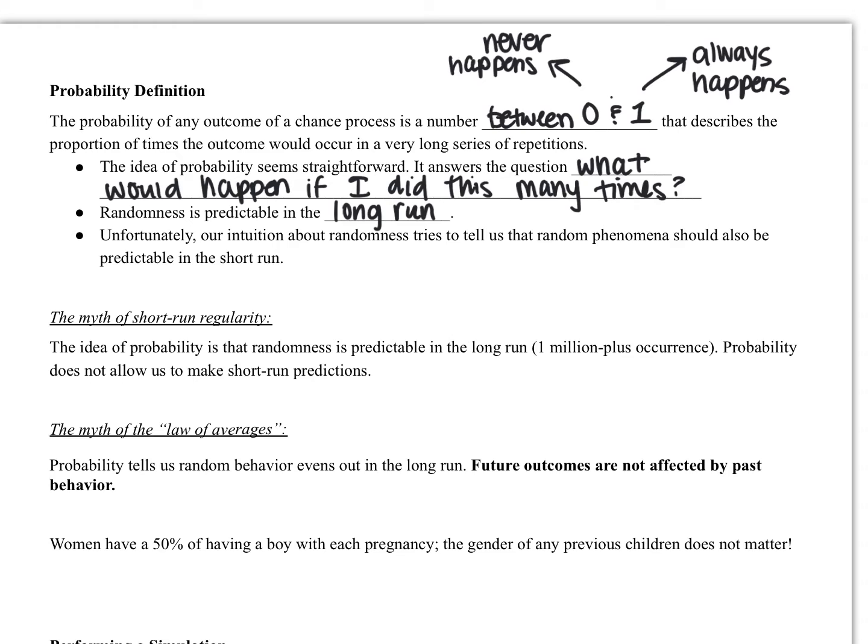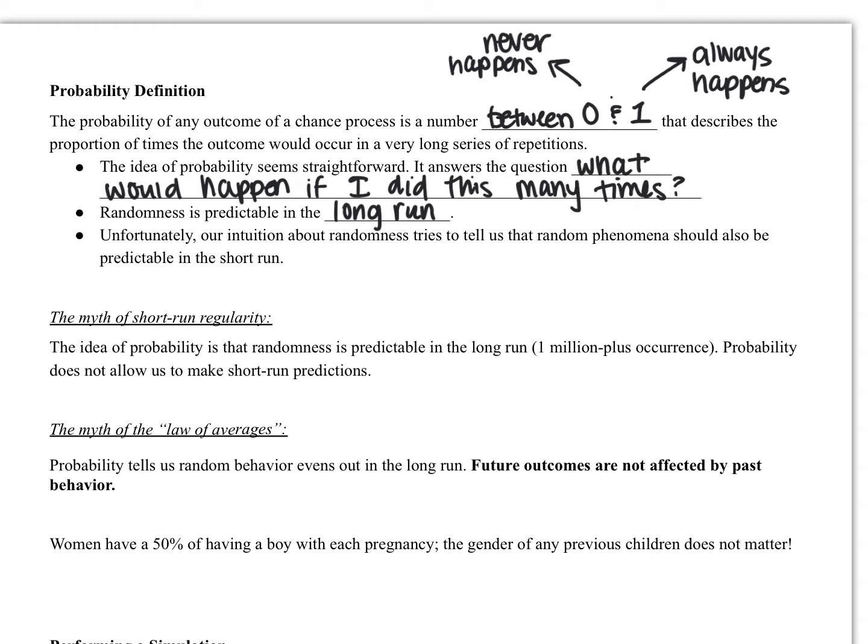So unfortunately, that's not what most people do. Most people, our brains tell us that random things should also be predictable in the short run. So it's kind of similar to if you have a 50-50 chance each time you have a kid that it's born a girl or a boy. And people like to say, oh, well, I've already had 2 girls, they're due for a boy.